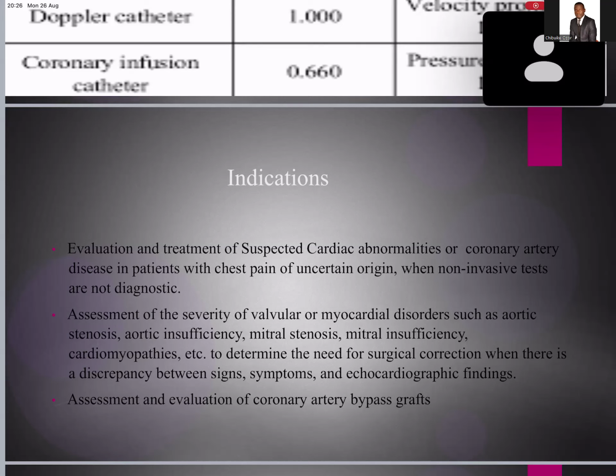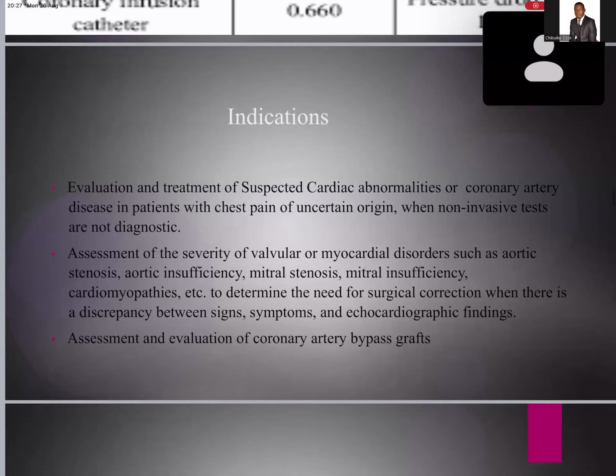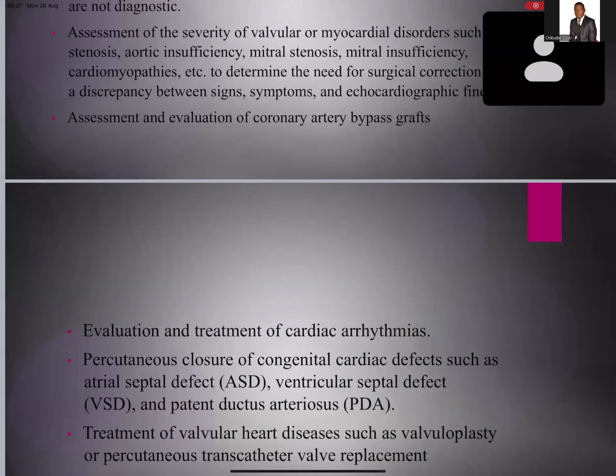And then in most situations, we also want to assess a coronary artery bypass, especially if we suspect post-surgical or post-intervention malfunction. We also have evaluation and treatment of cardiac arrhythmias, and then percutaneous closure of congenital cardiac defects such as atrial septal defect and ventricular septal defect, as well as a PDA. And then treatment of valvular heart disease such as valvuloplasty or percutaneous transcatheter valve replacement.